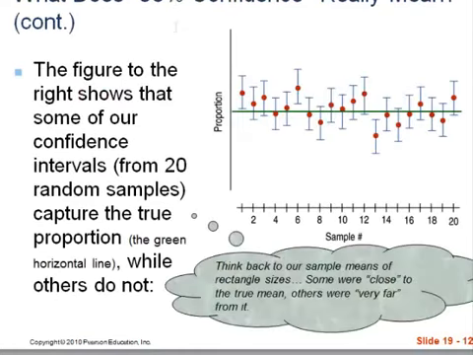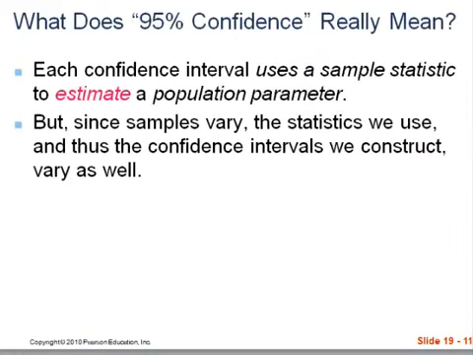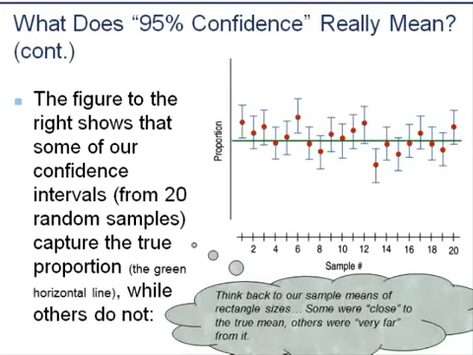Here's another picture that kind of shows what we're talking about here. Think of if you took lots and lots of samples. Each one of these blue lines represents someone in our class taking a sample, and the red dots are the p hats that each of you took in your sample. Now here is the true proportion, the green line.